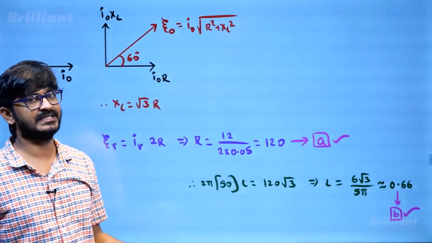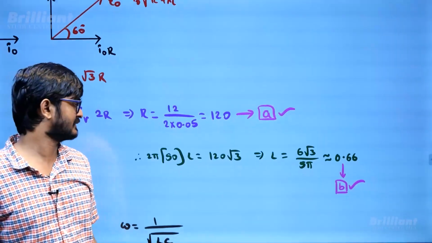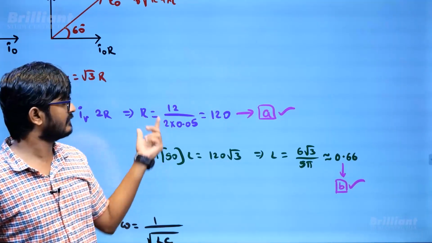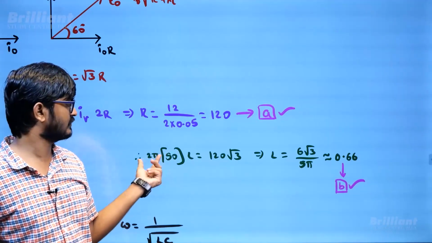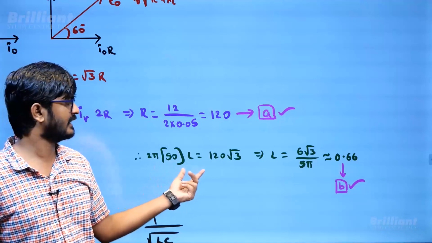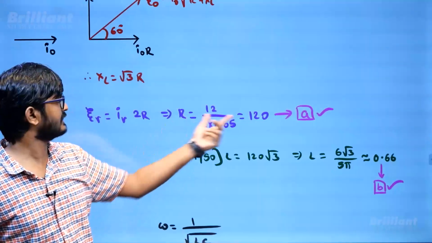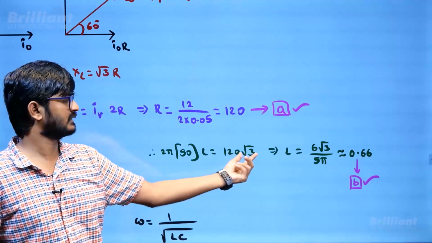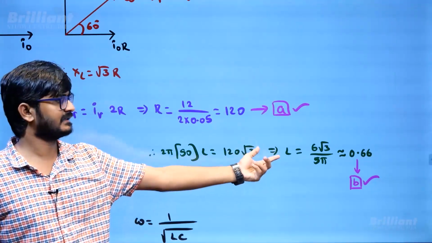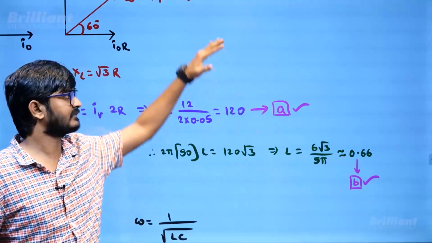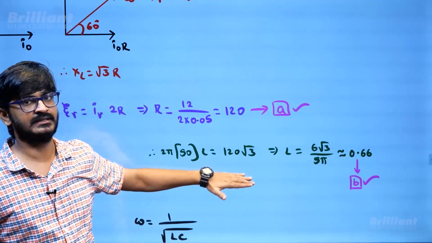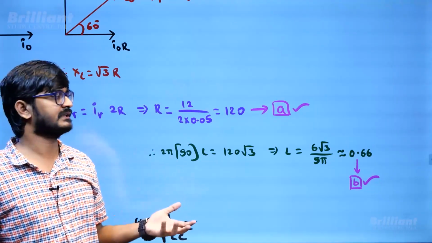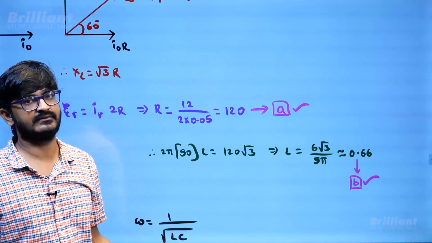Now they are saying it will be under resonance when you add the capacitor, right? So anyway, I am going to calculate the inductance value. So 2 pi f into L, omega into L. R is this much, so XL equals root 3 into R. From there I will be calculating the value of L. So from the first information I can calculate till here, but they are asking the capacitance value that needs to be connected so that it will be under resonance.